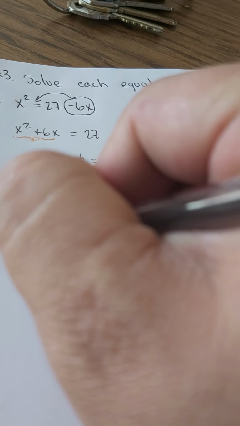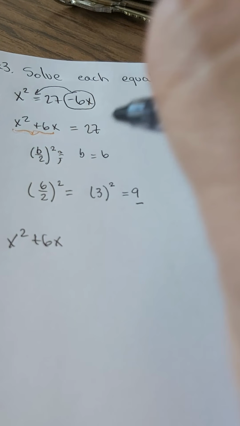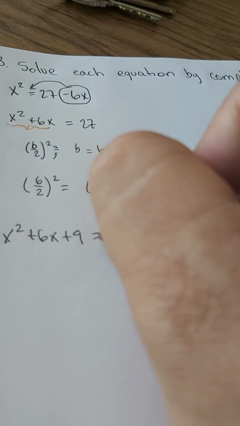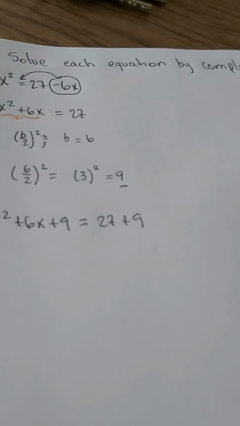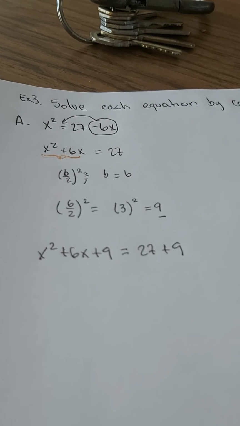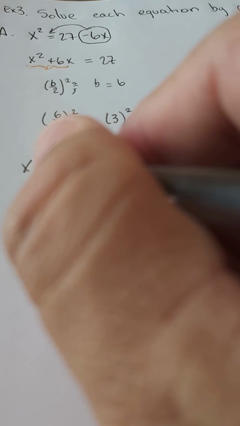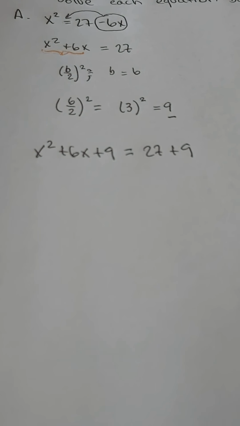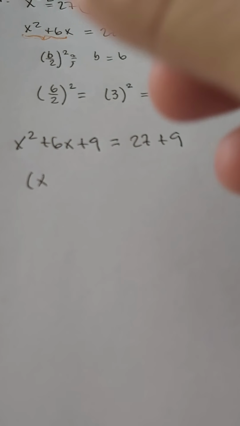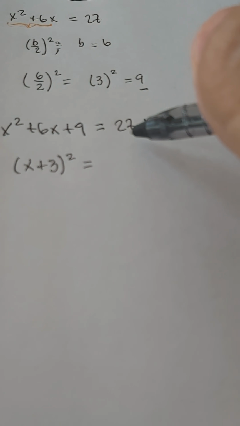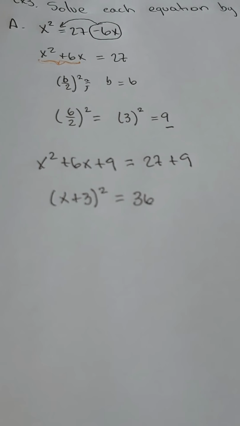So we have x squared plus 6x plus 9 equals 27 plus 9. Now this is a perfect square trinomial, so we're going to write it as a binomial squared. Remember, half of b was equal to 3, so x plus 3 squared equals 27 plus 9, 36.